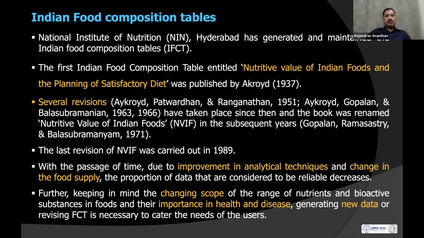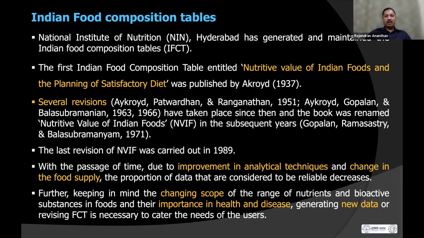As Dr. Anita Madam said in her introductory remarks, it's not a new one. These Indian food composition tables are the nutritive value of Indian foods. NIN used to be the main center to develop the food composition tables.